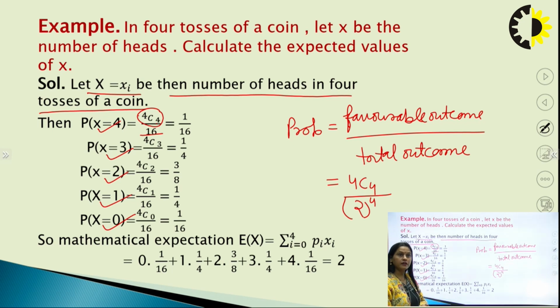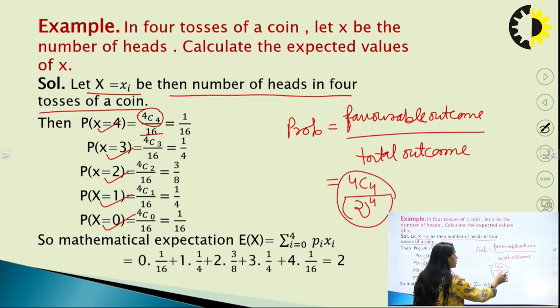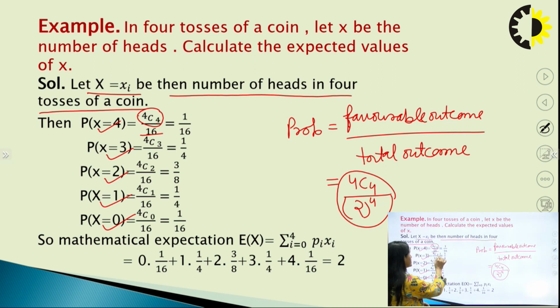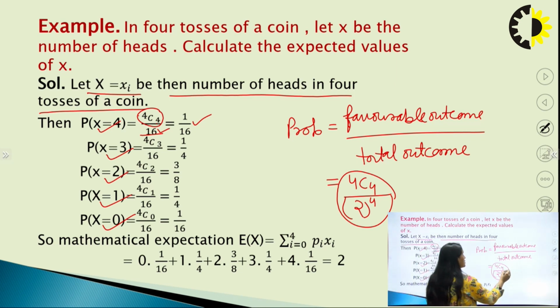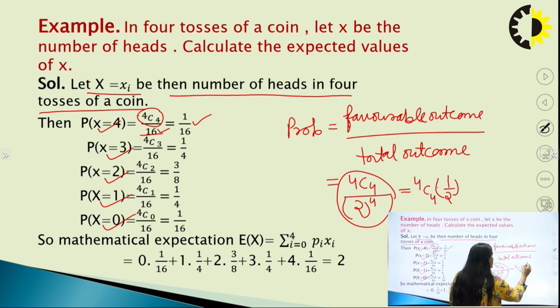So, for getting the probability of occurring head 4 times out of 4 tosses, we get 4C4 upon 2 to the power 4, which is 1 by 16 or 4C4 upon 16. This can also be written as 4C4 into 1 upon 2 to the power 4 into 1 upon 2 to the power 0.